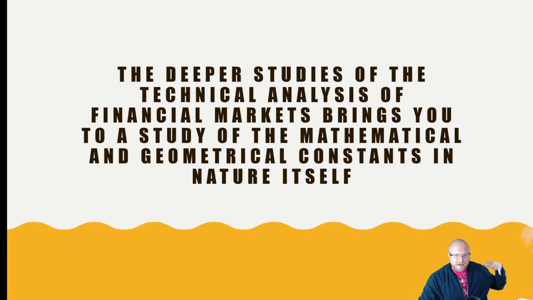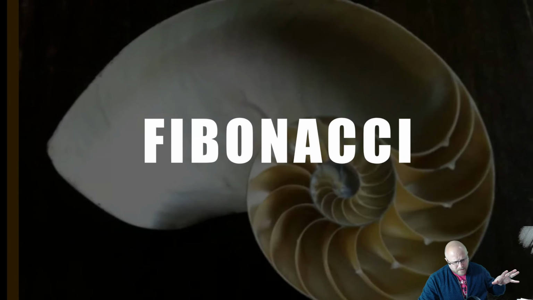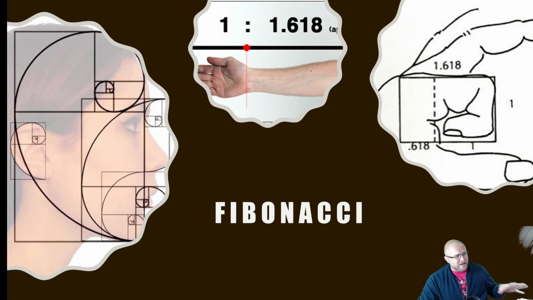Okay, deeper studies of technical analysis. We're just going to talk about a couple more things. We're going to look at charts. Fibonacci analysis is very highly correlative to Gann analysis. For those of you unfamiliar with Fibonacci ratios, they're everywhere. It's freaky how constant this ratio is in nature, and not just here on Earth, but in all of creation.